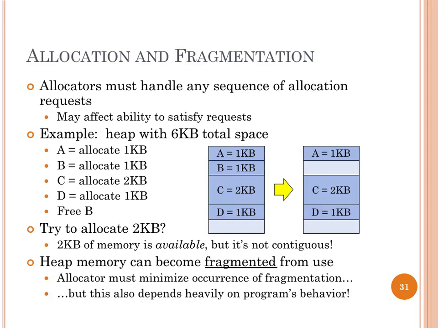Fragmentation is a situation where, based on the sequence of allocations and deallocations, the available memory is not contiguous, and so we can't hand out requests beyond a certain size. Okay? So this is really annoying. And it doesn't matter what strategy you choose, you can find a way to circumvent it by choosing an appropriate sequence of allocations to defeat that strategy. Okay? Kind of annoying.